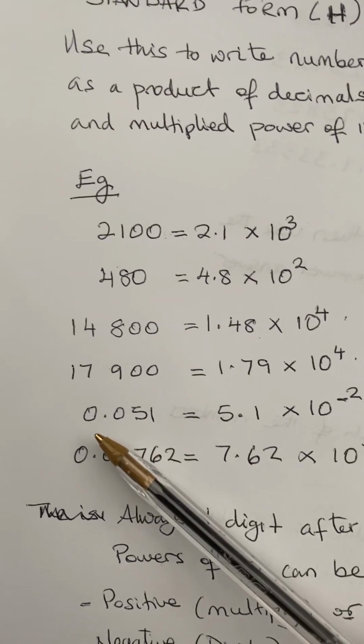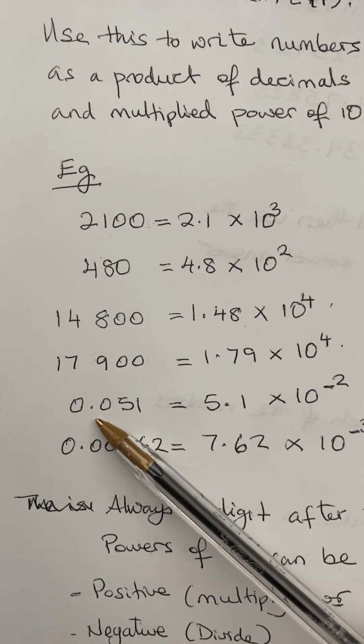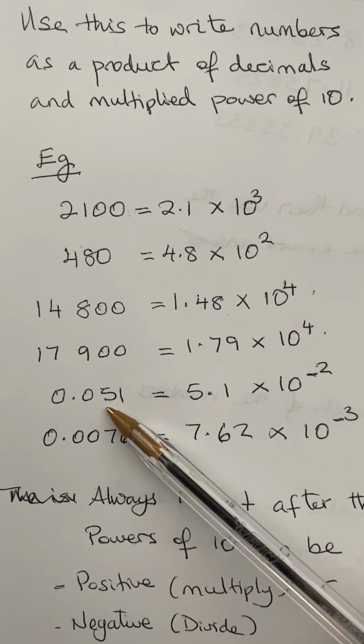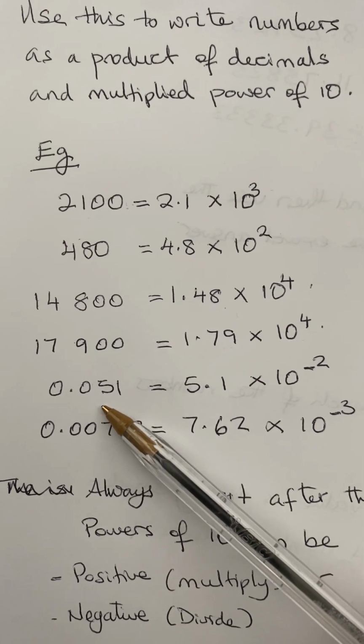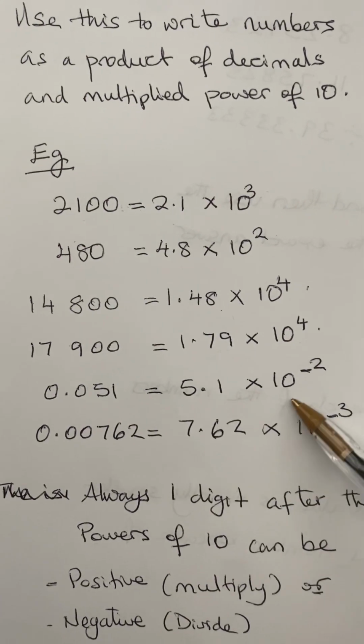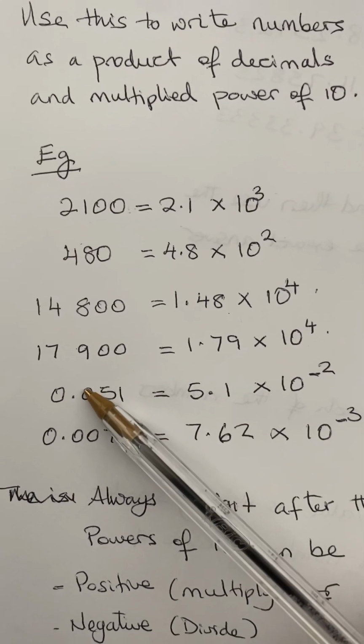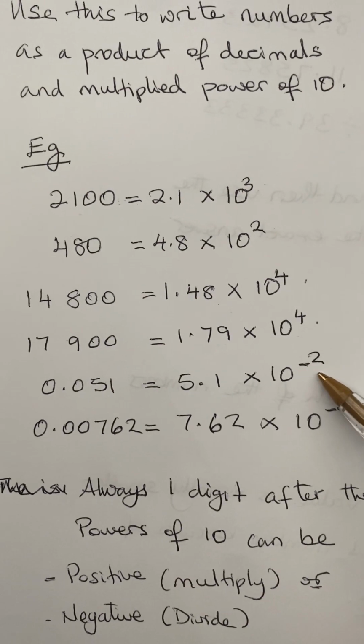So look at this, 0.051. The decimal should be between 5 and 1. So 5.1, okay, times 10 to the power minus 2.